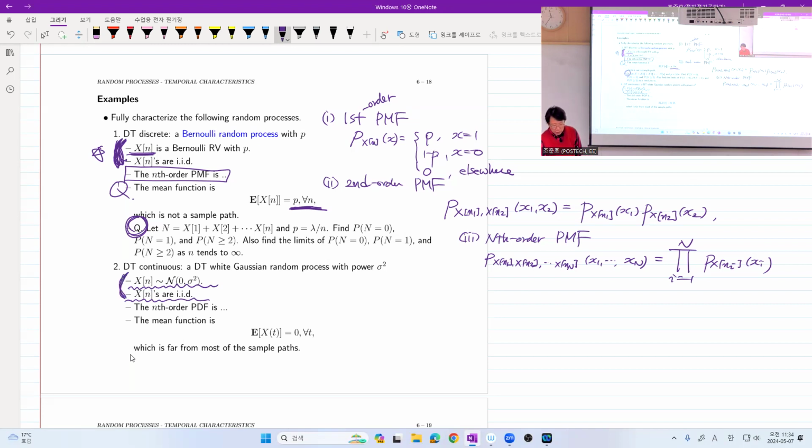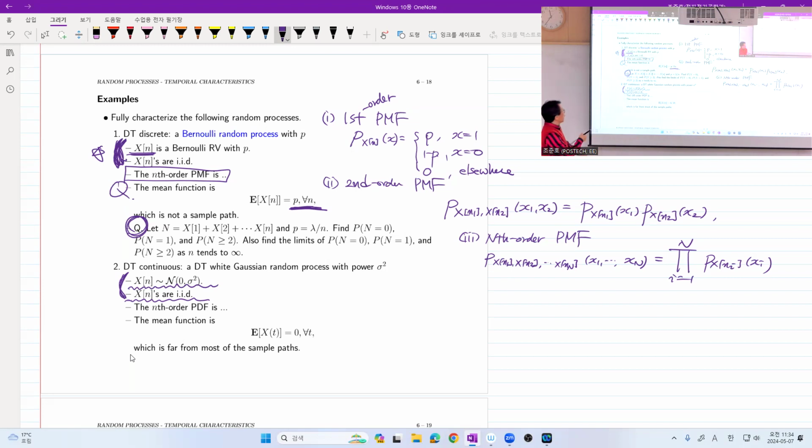And you can easily show, using the same method but now using the nth order joint PDF, for example, you can find any nth order joint PDF, and you can show easily using the IID-ness that they are all consistent.